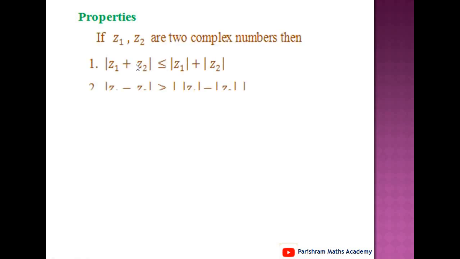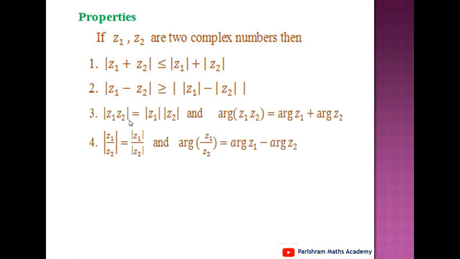Then properties. There are 5 properties. If Z1 and Z2 are two complex numbers, then we have proved: first, mod of Z1 plus Z2 is less than or equal to mod of Z1 plus mod of Z2. Second, mod of Z1 minus Z2 is greater than or equal to mod of Z1 minus mod of Z2. Third, mod of Z1 into Z2 equals mod Z1 into mod Z2, and argument of Z1 into Z2 equals argument of Z1 plus argument of Z2.